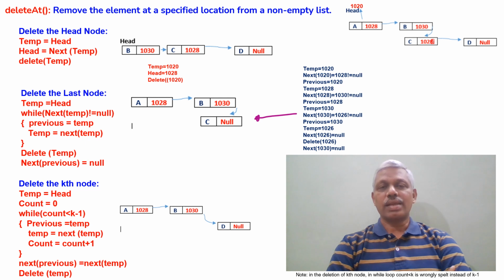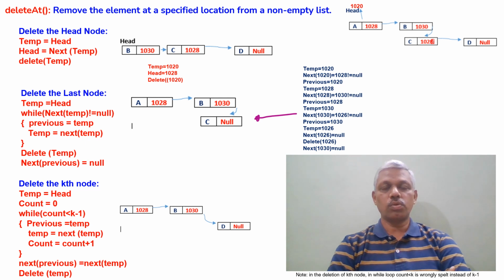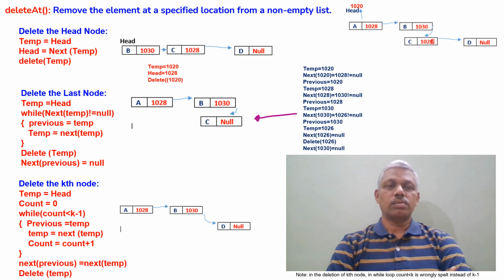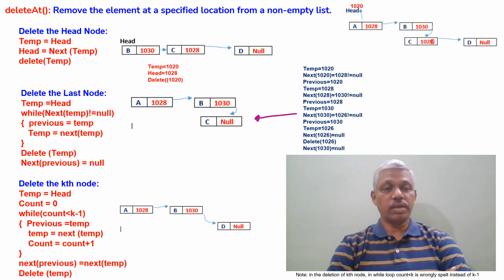Now if you want to delete the last node, again we need to traverse through the given linked list until we reach the last node, but in this process we need to remember the previous node, because that's the node we have to stop at. Looking at the logic for this, temp is equal to head. Again we are traversing through the linked list; a while condition is used, next of temp not equal to null is the condition. Previous is equal to temp, that is we are remembering the previous node, and temp is updated as next of temp.